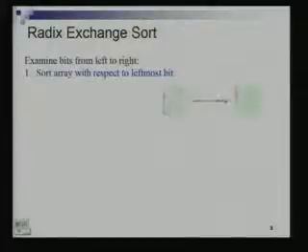We are going to sort the array with respect to the leftmost bit first. Suppose the numbers are sitting in this array, and it really doesn't matter what the other bits are. I'm just looking at the leftmost bit of each of these numbers. There are 5 numbers, 5 rows.